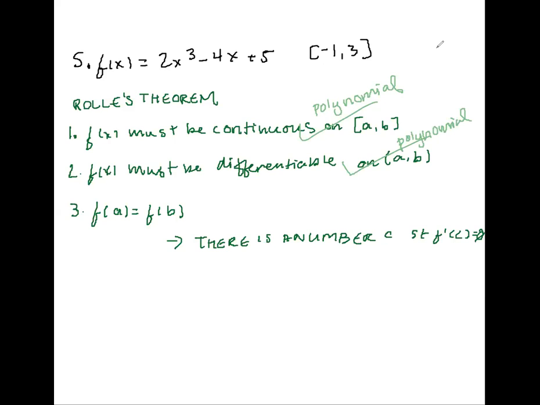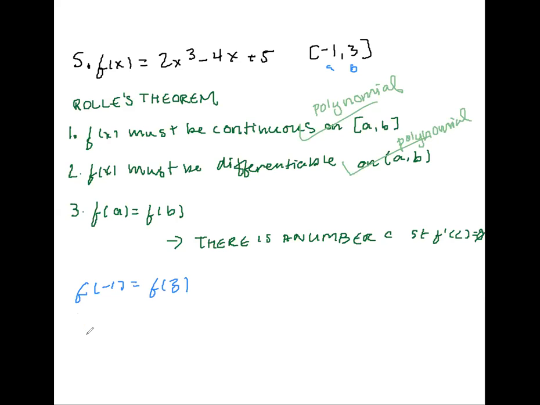My third condition is that f of a is equal to f of b. How would I evaluate that? The easiest method is to say, here is f, here is a, here is b. So I just need to say that f of -1 is equal to f of 3.